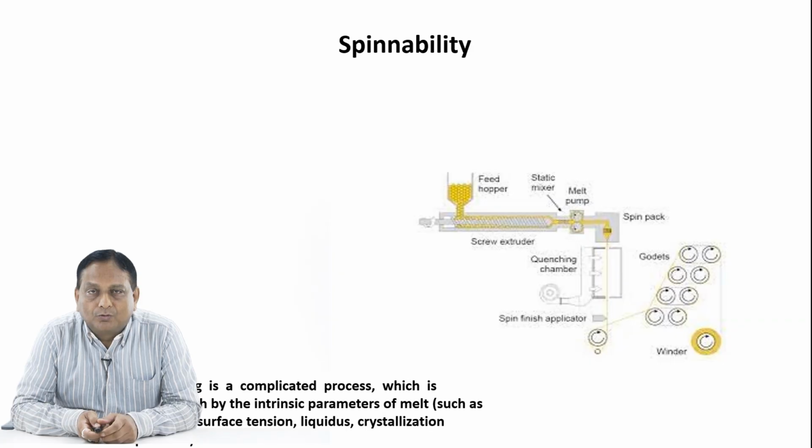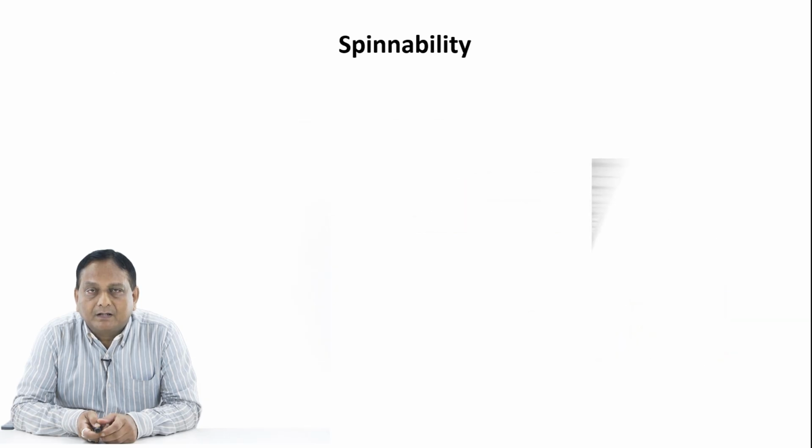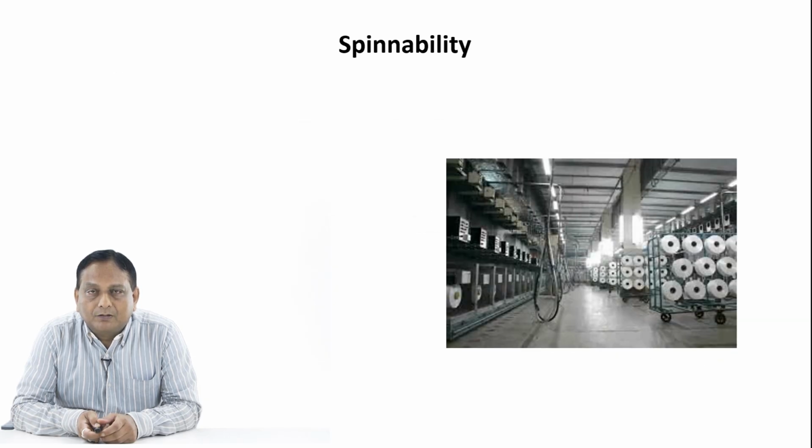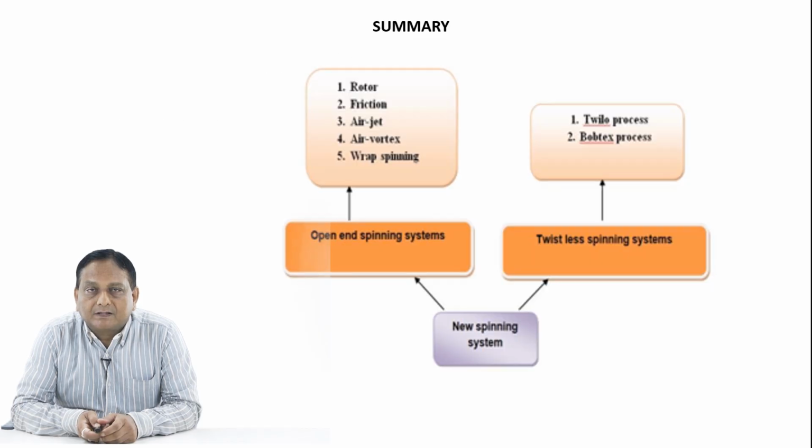Now as shown in this figure, fiber spinning is a complicated process which is controlled both by the intrinsic parameters of the melt such as melt integrity, surface tension, liquid crystallization temperature, etc. So spinnability also covers the extrinsic properties or properties of fibrillization such as spinning speed, flow rate, external cooling operations, geometry, thermal uniformity, and melt die contact or surface.